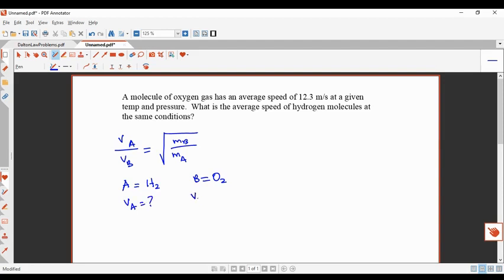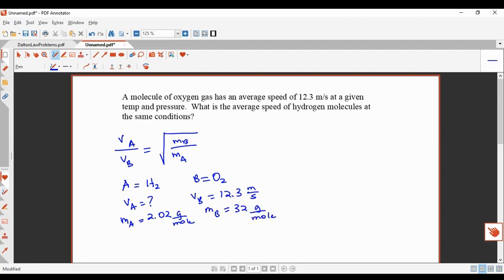The speed of oxygen is 12.3 meters per second. We know that the molar mass of hydrogen is 2.02 grams per mole. And we know that the molar mass of oxygen is 32 grams per mole.